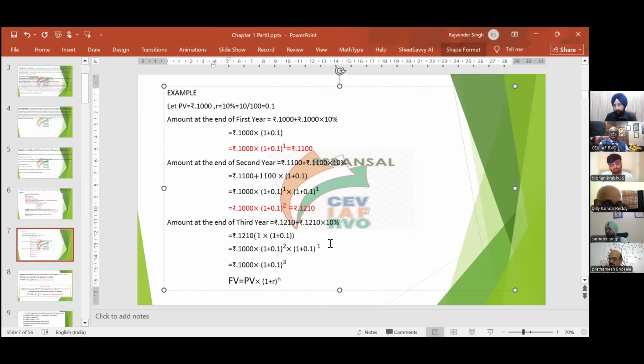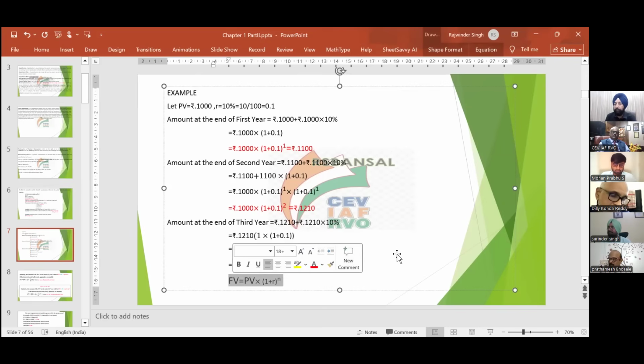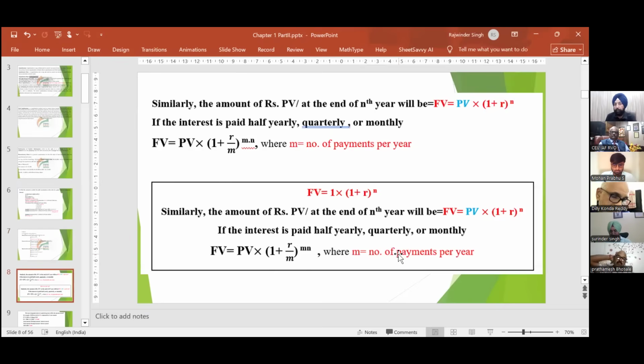If we generalize it, future value will be equal to this 1000, the present value, multiplied by 1 plus r. Instead of 3, the number of years, we can write n. So future value is equal to present value into 1 plus r raised to power n. This is the formula for future value.